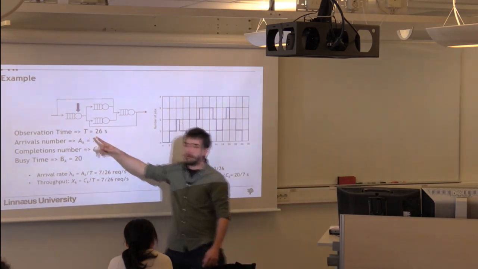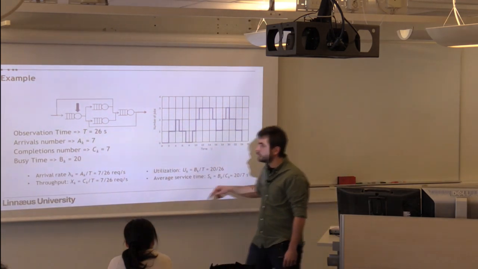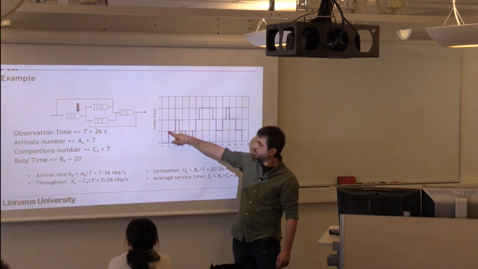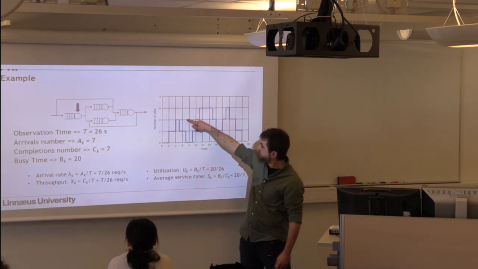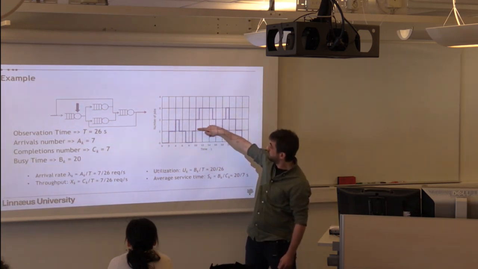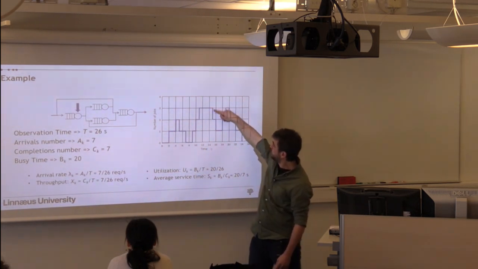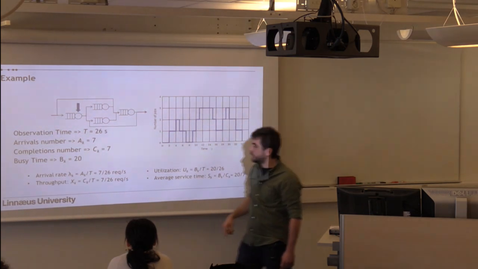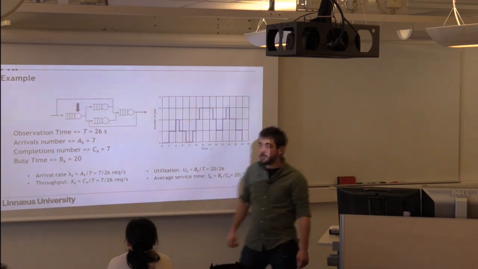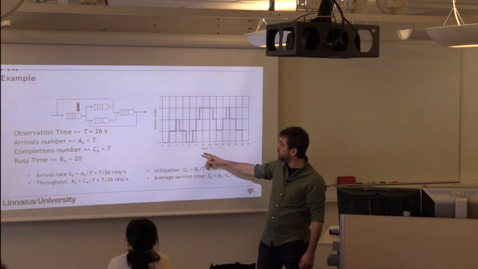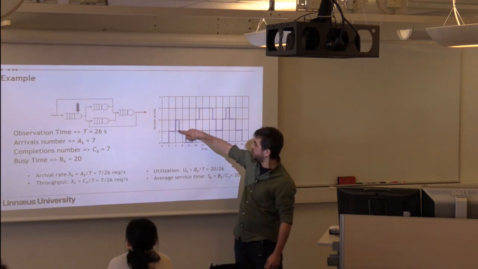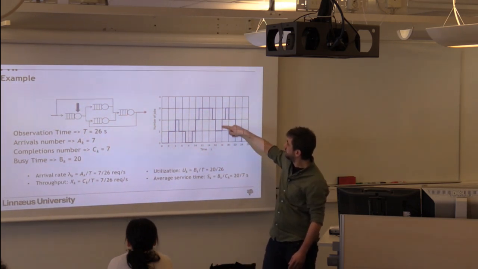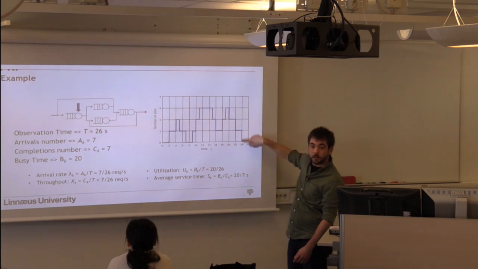So we have been observing the system for 26 seconds. The number of arrivals: 1, 2, 3, 4, 5, 6, and 7. The number of completions, the jobs completed, also 7: 1, 2, 3, 4, 5, 6, and 7.